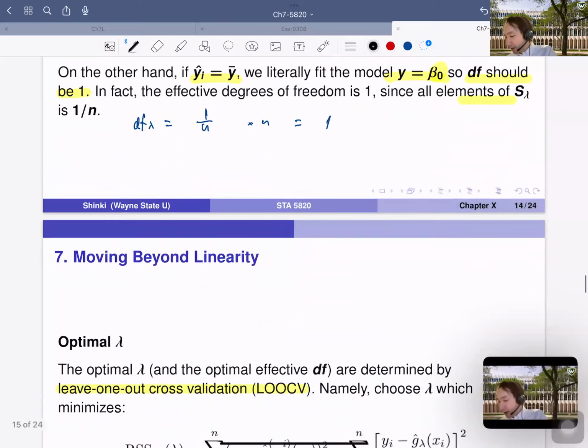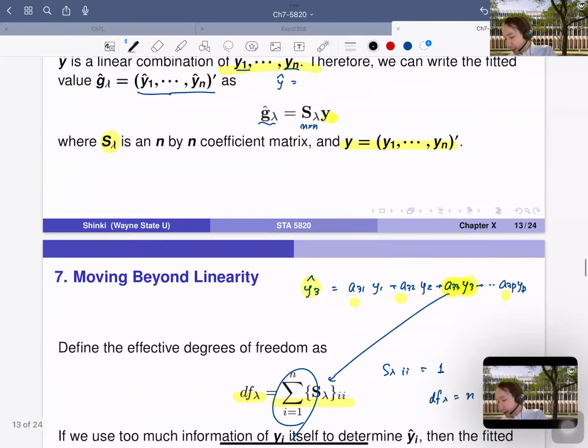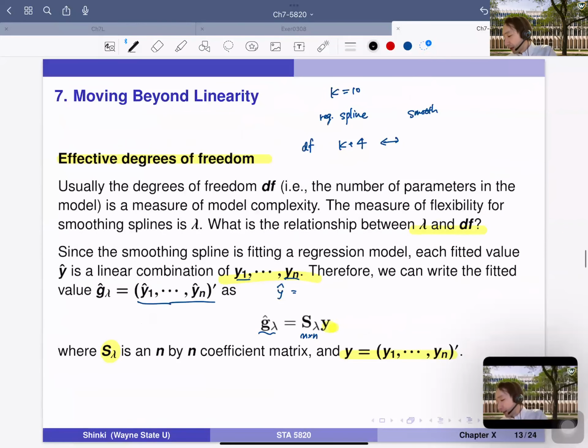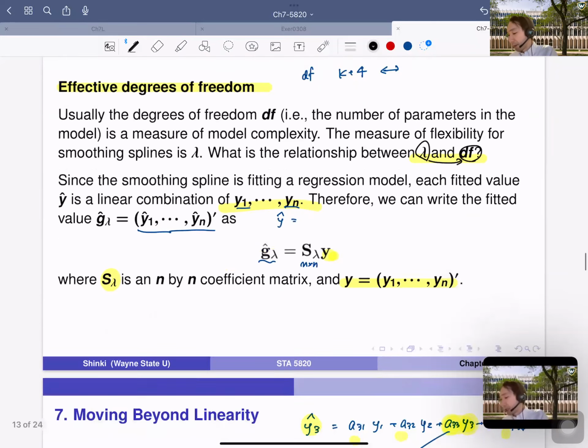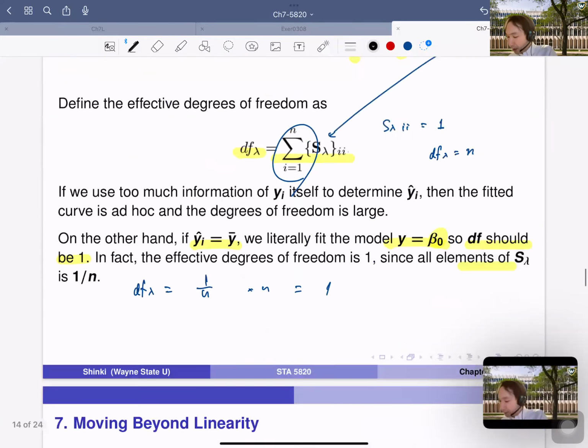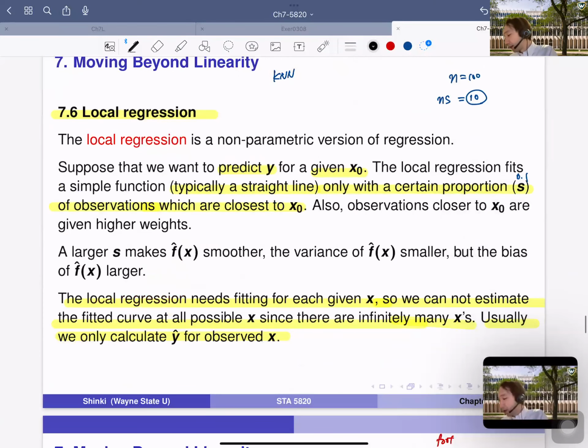Then we defined effective degrees of freedom for the smoothing spline, because the smoothing spline is about choosing the best smoothness parameter lambda. So we define degrees of freedom which corresponds to this parameter lambda. And we discussed it.